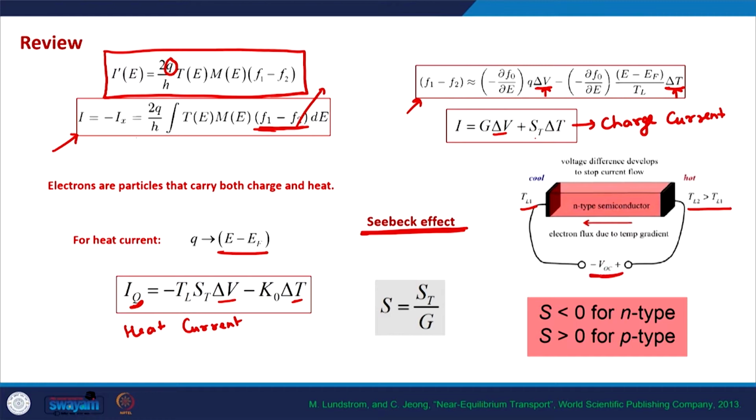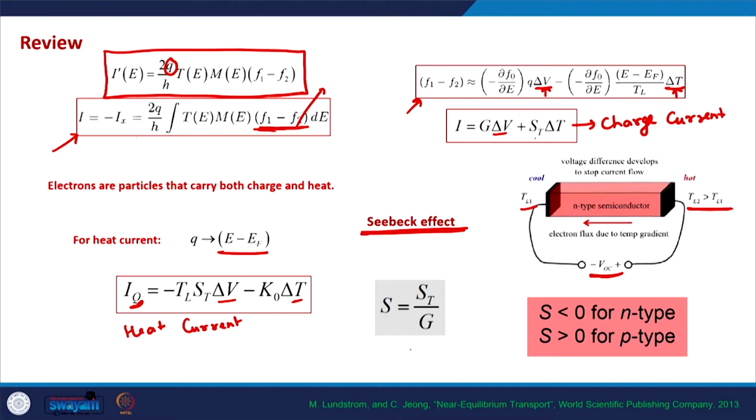If the semiconductor is open circuited, we have not connected anything, and if we connect the semiconductor to an external electronic circuit, this will supply a current to the external circuit. So it means that we are converting heat, essentially the temperature difference, to electricity.